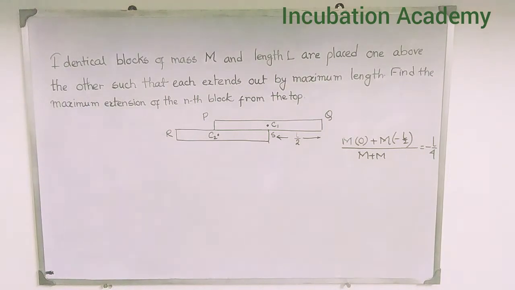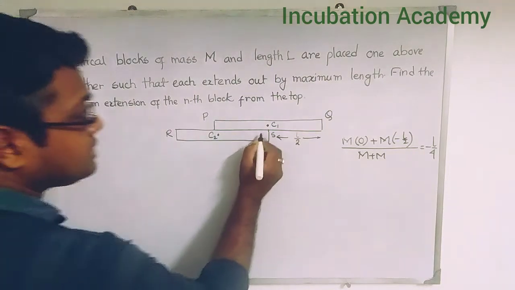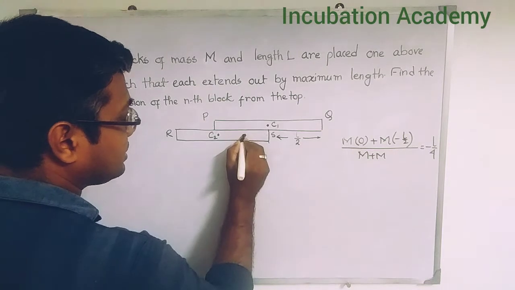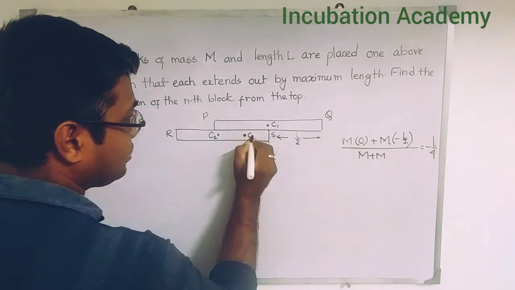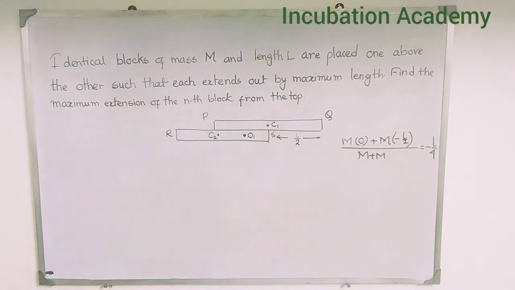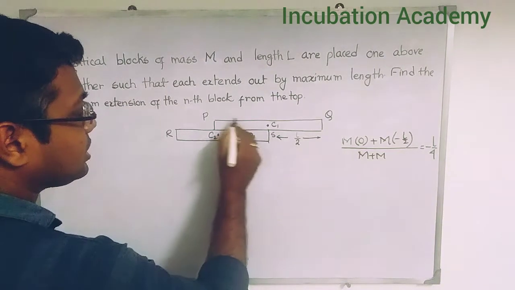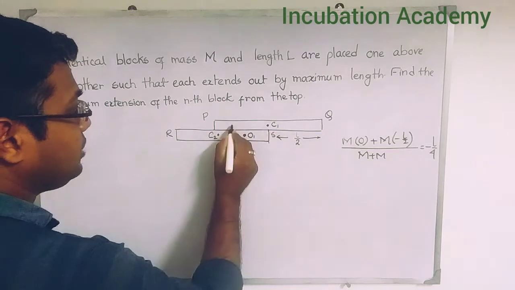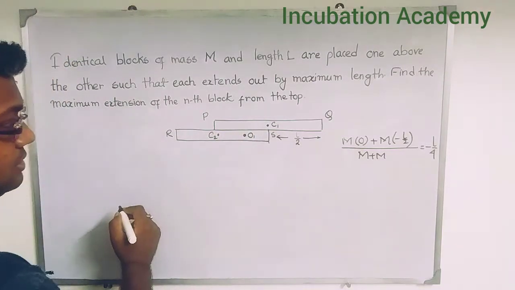So we can say it is at a certain distance here. If I denote it by O1, then this is the combined center of mass of the PQ block and RS block.